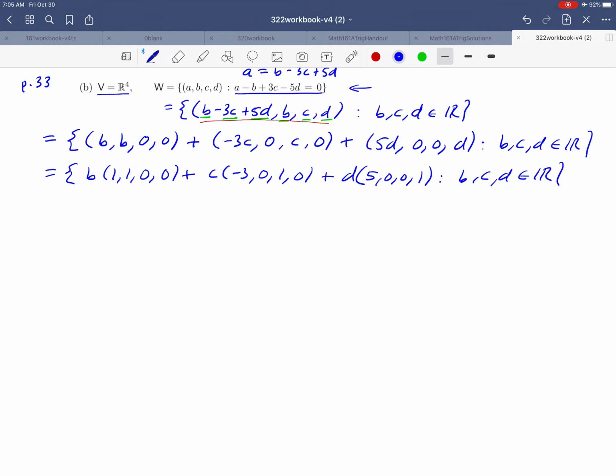And here's the critical thing. If you look carefully at this, the way that we've written our four tuple in the last set is a linear combination of these three vectors. So by definition, this is the span of the vectors that I just underlined.